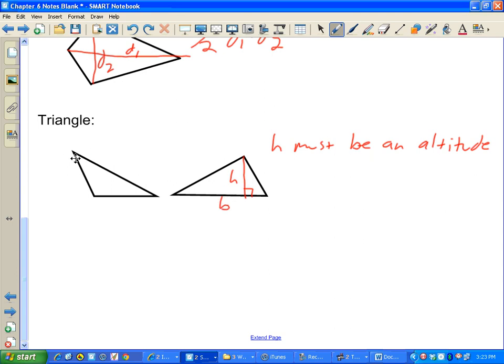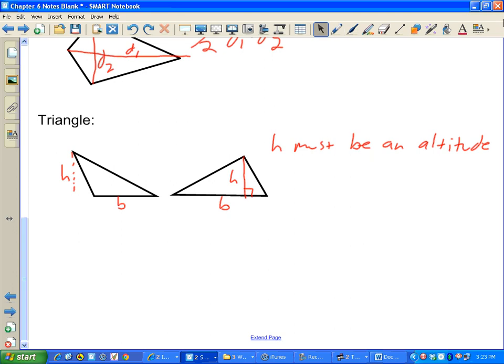So we could do this, or we could come out here. This could be our height. This would be our base. But since triangle is not a quadrilateral, and most quadrilaterals are base times height, a triangle is actually half of a quadrilateral.